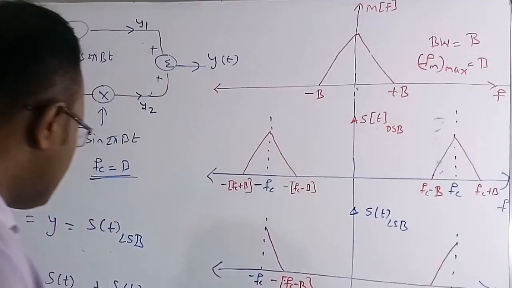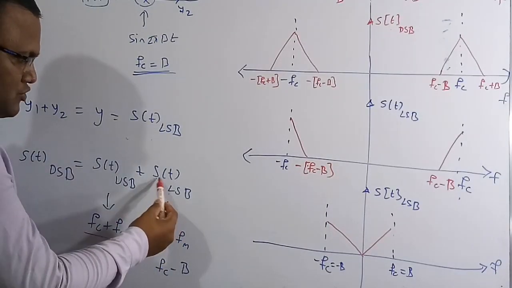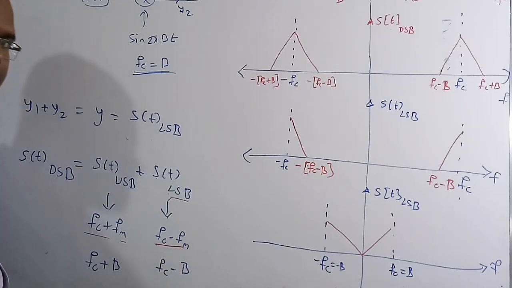I already told you S of t DSB contains FC plus FM, and S of t LSB contains FC minus FM. Here FM is called the message signal frequency.